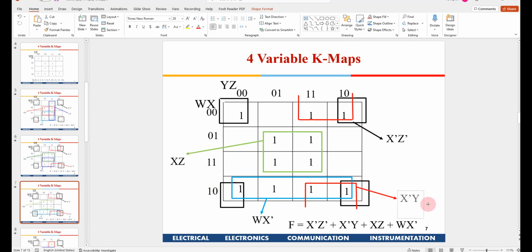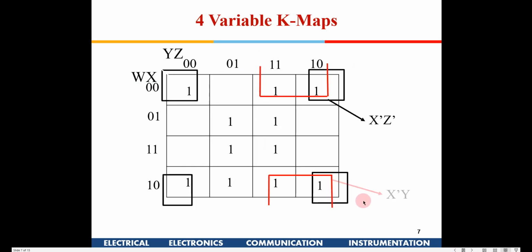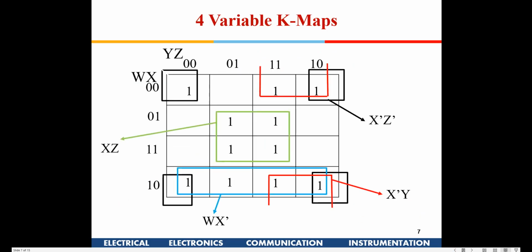Essentially, now you have to try and make boxes which can accommodate the maximum number of ones. If possible, there could be a possibility of having an 8 element box also. Suppose it is 1 here, it is not so in this case. Suppose it is 1 here, so I make this entire thing 1 box. In that case what will be the expression?